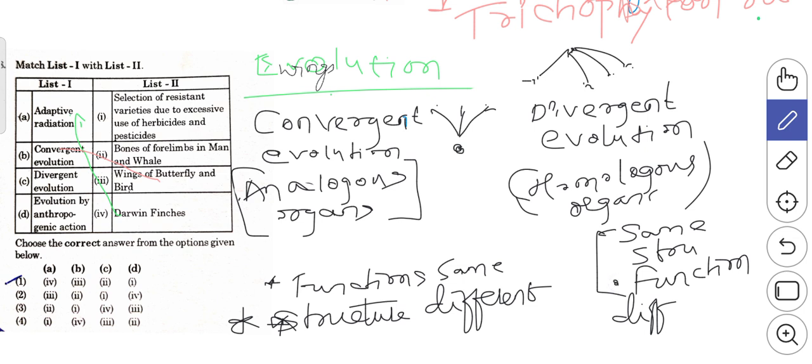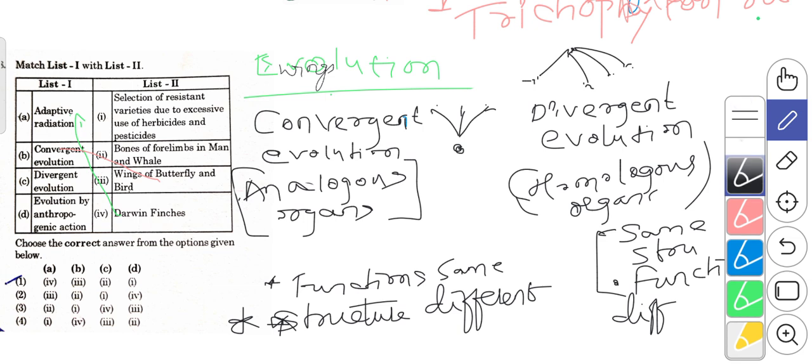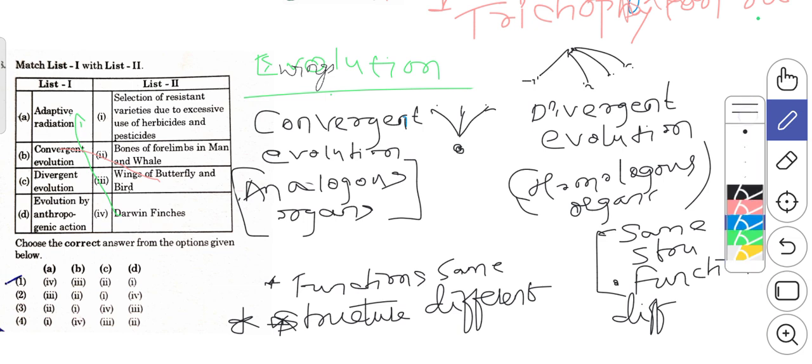So these are the differences between the two. Here function is the same but structures are different. Here structure is the same but functions are different. From this you can easily answer this question. For divergent evolution, the better example is the bones of the forelimbs of man and whale.